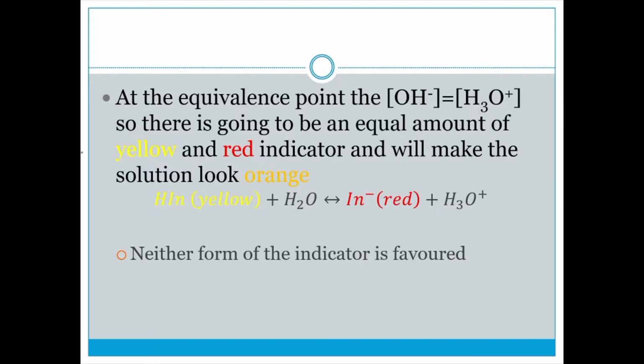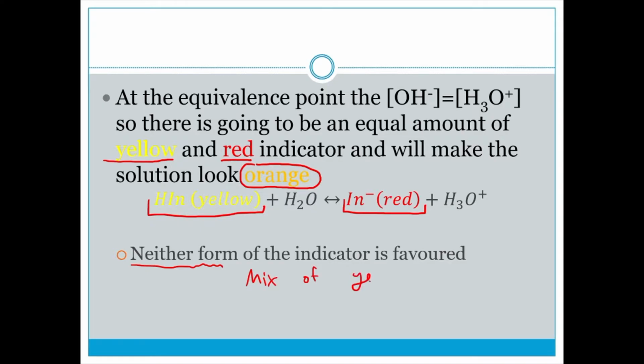If we had a yellow indicator and a red indicator, the equivalence point would adopt an orange color because you would have equal amounts of this and equal amounts of this. So neither form of the indicator is favored, meaning that you get a mixture of yellow and red, and that ends up being orange.